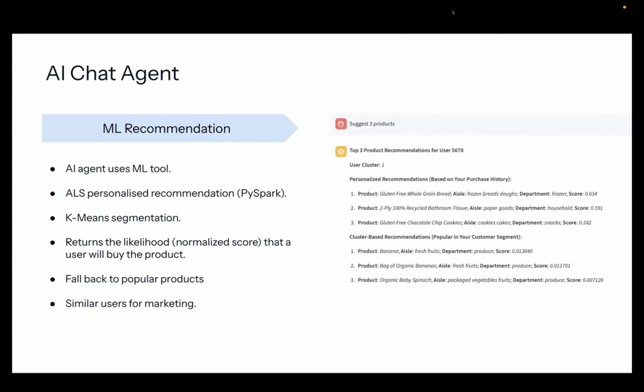The fallback is that if the user doesn't exist, say a new user or new customer, then we will simply recommend the popular products. Also, this AI agent can find similar users for a particular user, which can be used for marketing and segmentation.